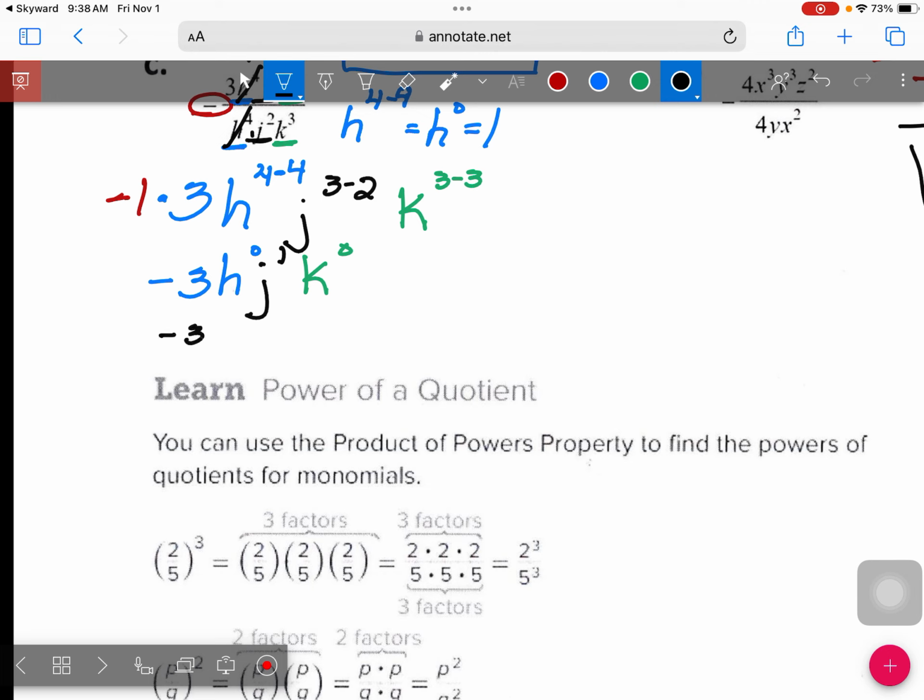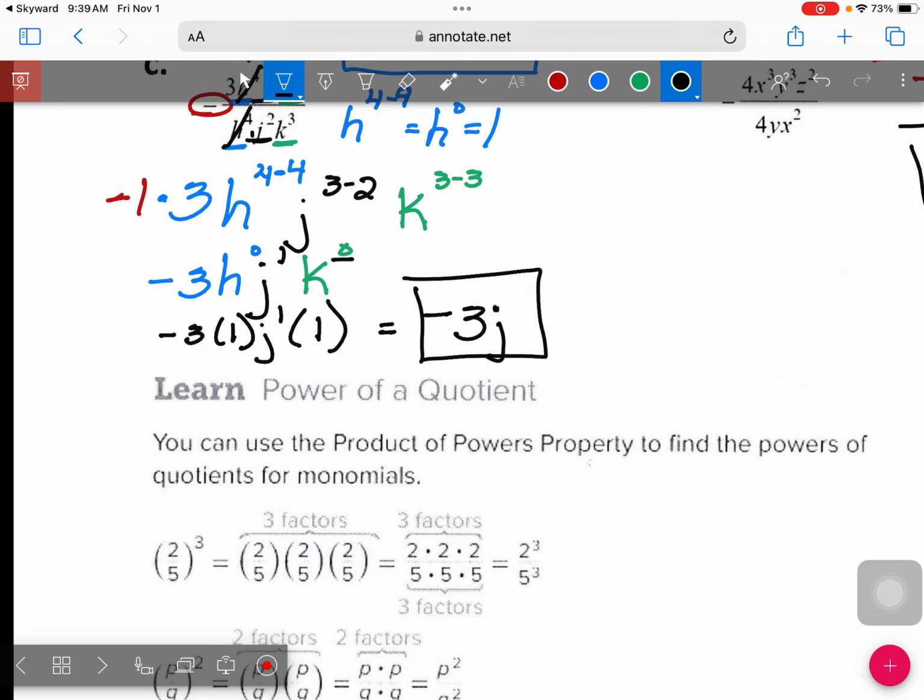So this is -3 times 1 times j to the 1st, and k to the 0 here is times 1. Multiplying by 1 doesn't change anything. You really don't need them. So my final answer is -3j. Okay?